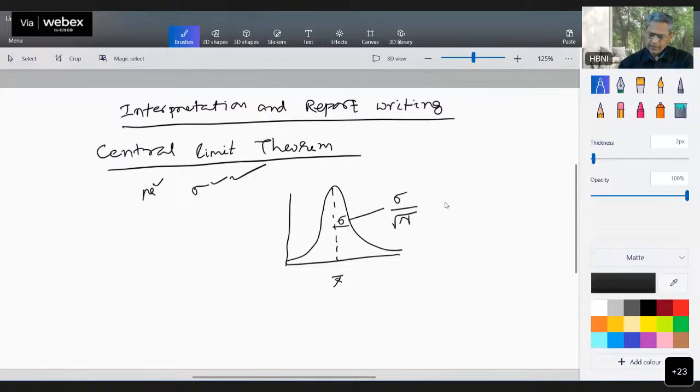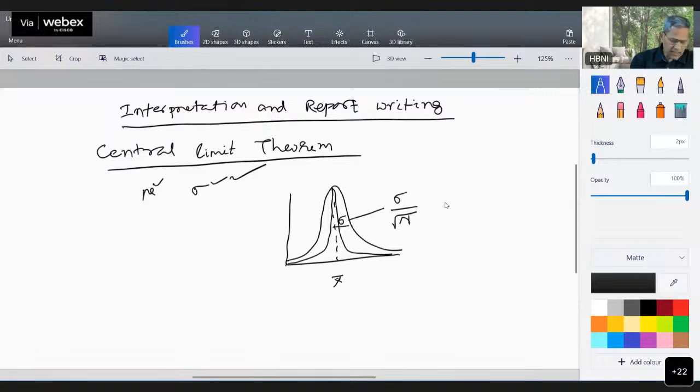So your sigma is not the population sigma, but the population sigma divided by root n. If you take more samples, this mean value distribution will be much more well defined. This is what we call the central limit theorem.